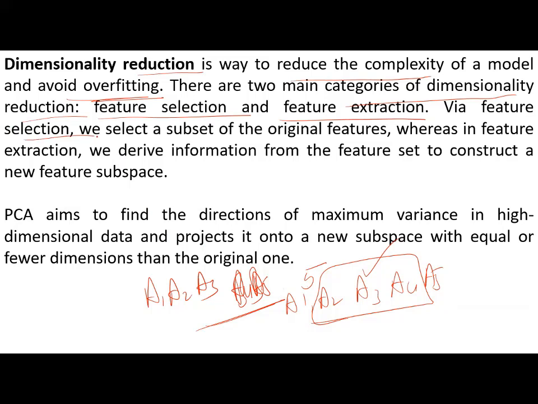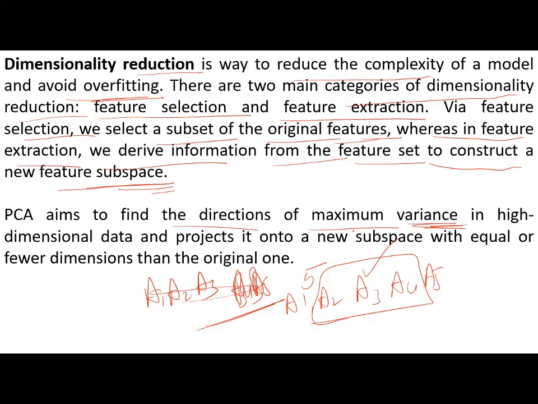Via feature selection, we select a subset of original features, whereas in feature extraction, we derive information from the feature set to construct a new feature subspace. Now, PCA aims to find the directions of maximum variance in high dimensional data and projects it into a new subspace with equal or fewer dimensions than the original.